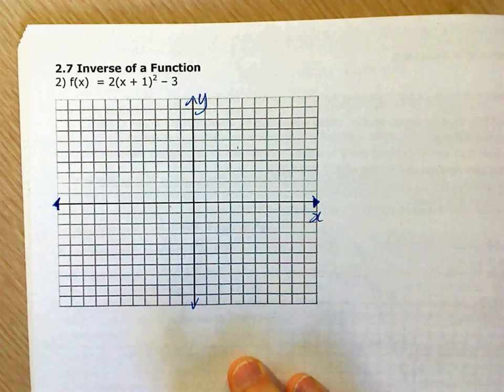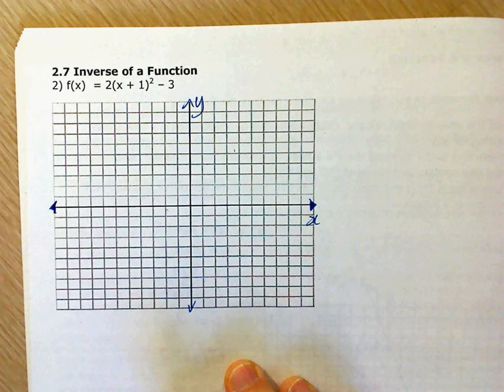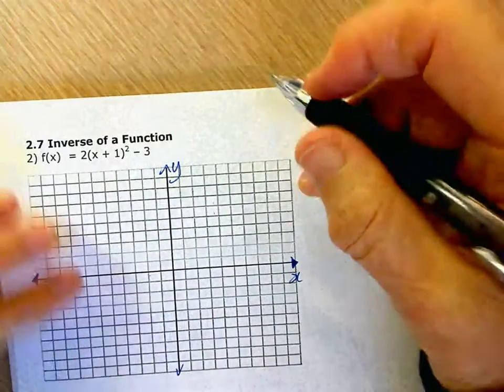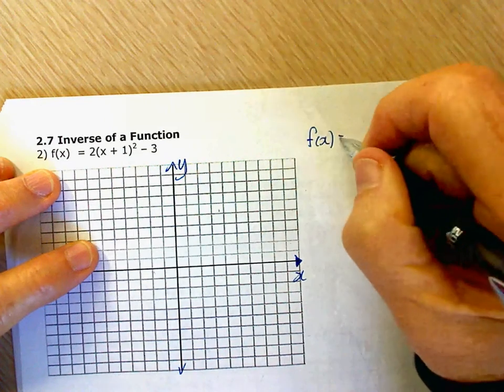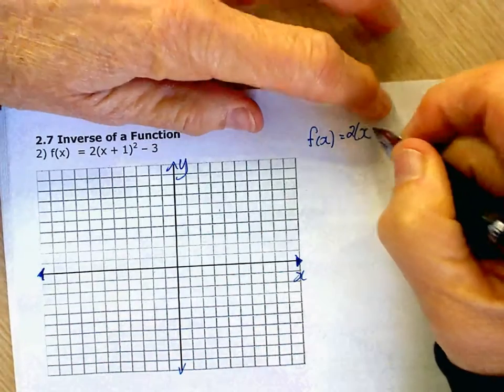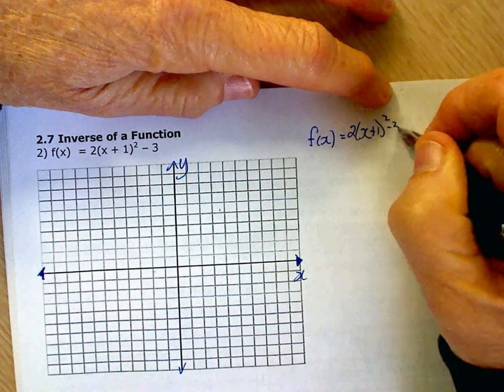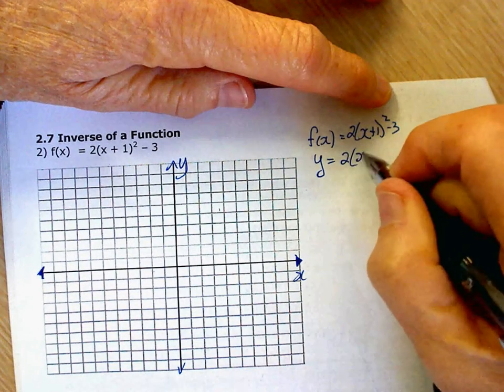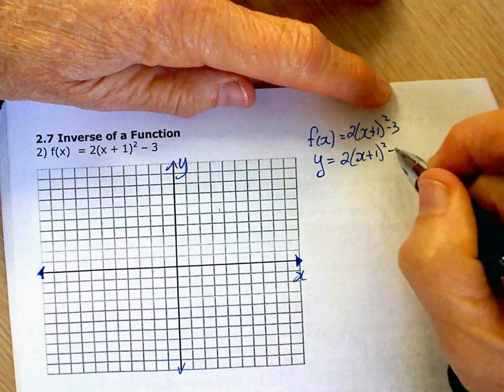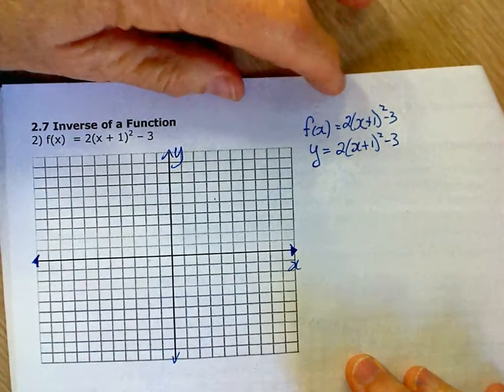Okay, let's find the inverse algebraically. We have f of x here. I'm going to write y for now as we're finding the inverse, just so our algebraic manipulations won't be as cumbersome.